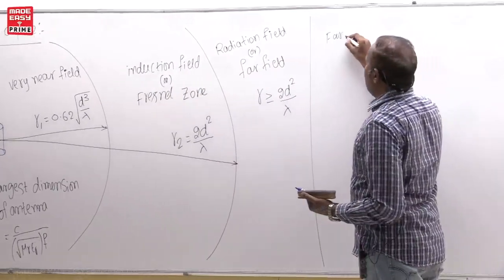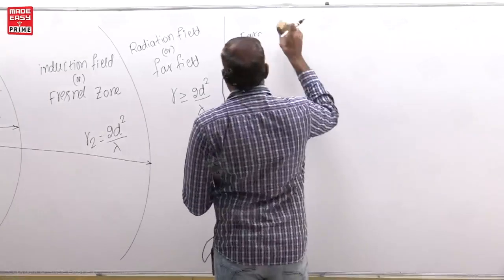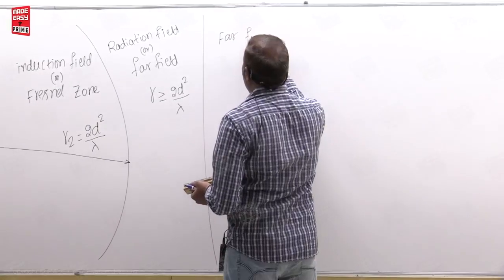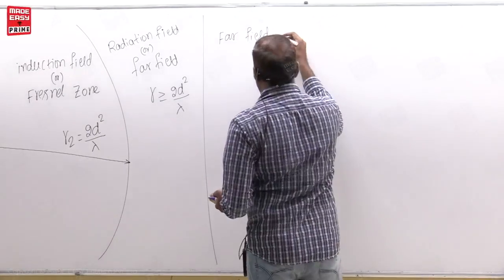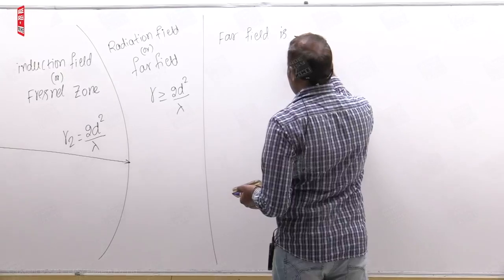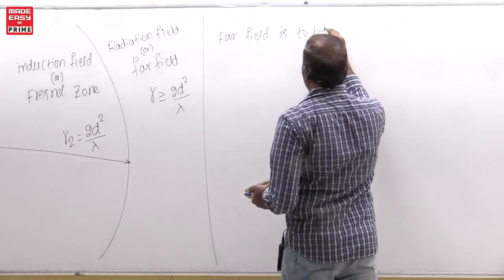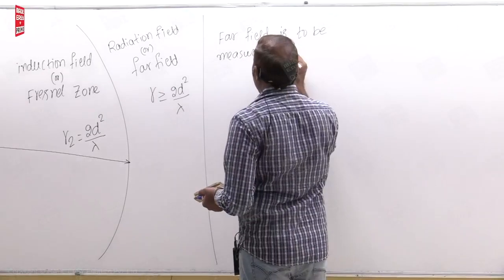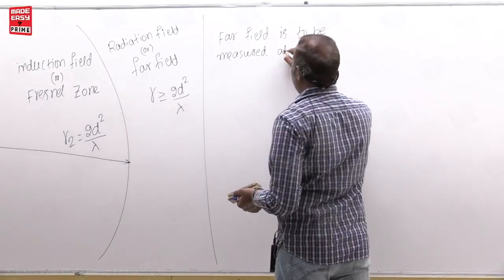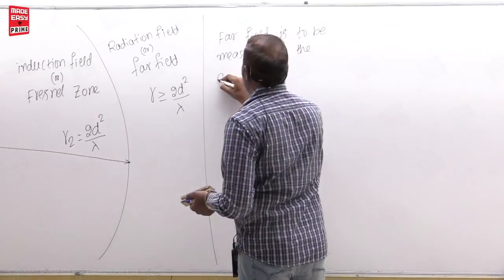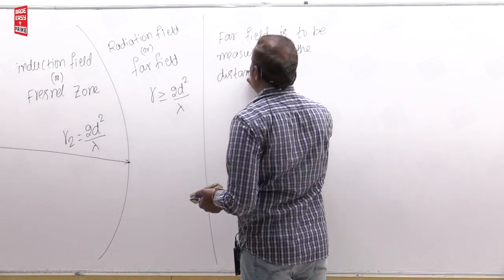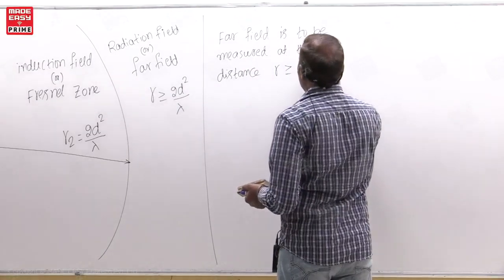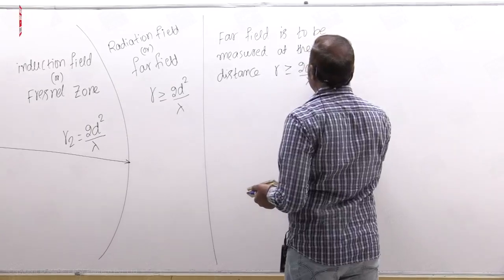Far field is to be measured at a distance r greater than or equal to 2d square by lambda.